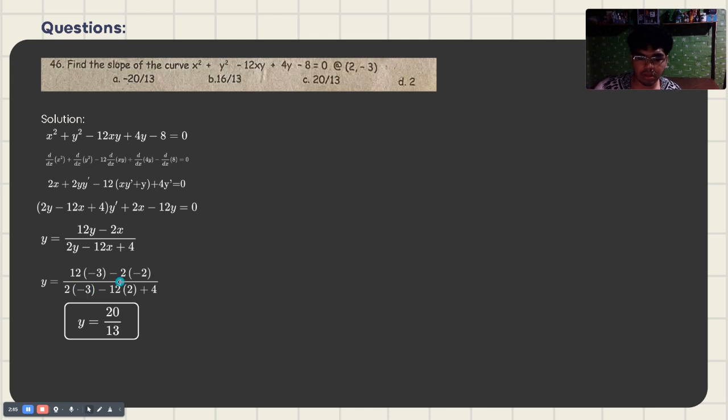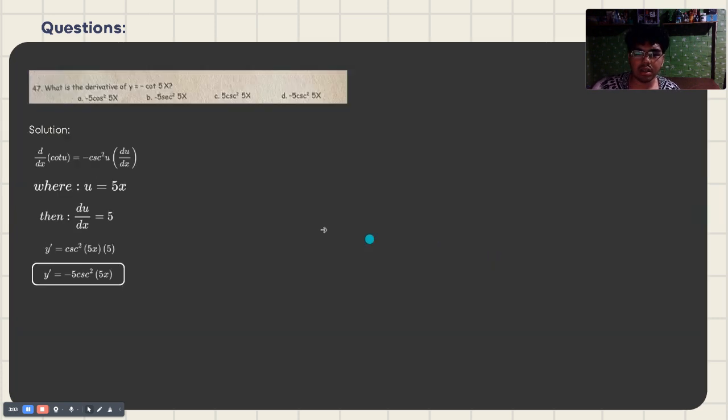So substitute that, then solve. Our y prime then is equal to 20 over 13, which is letter C for this number 46. So that's the slope. The correct answer is letter C.